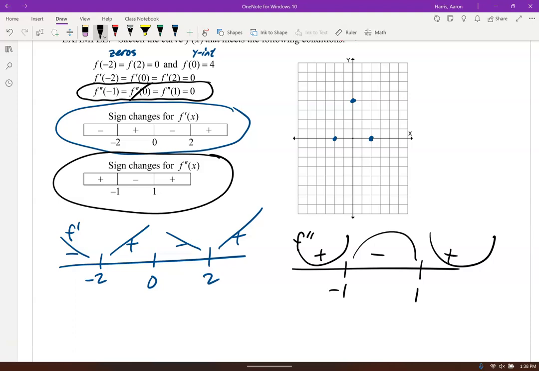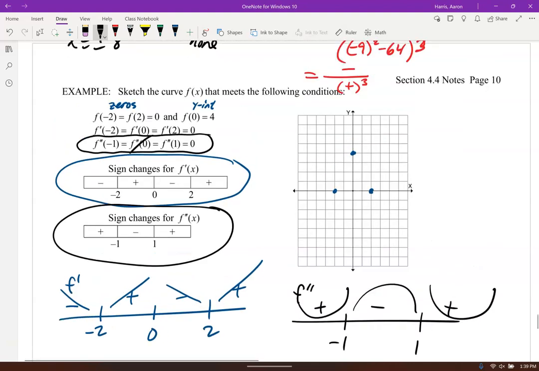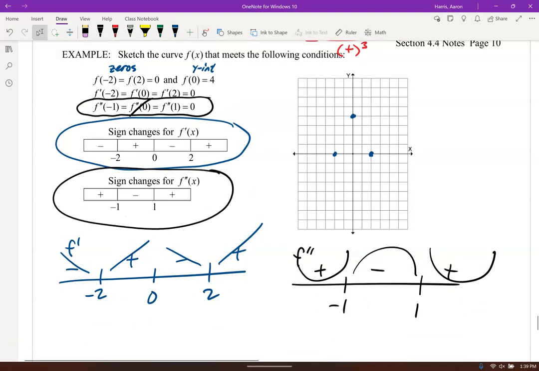And so let's see if we could put that together. So we are concave up. Let's see, does it give us any other information there? I guess it does not. We're decreasing to negative 2, but I stay concave up.